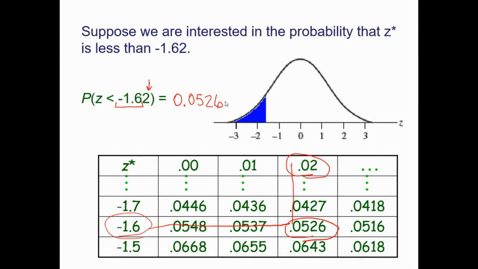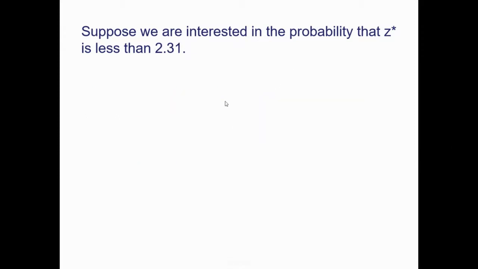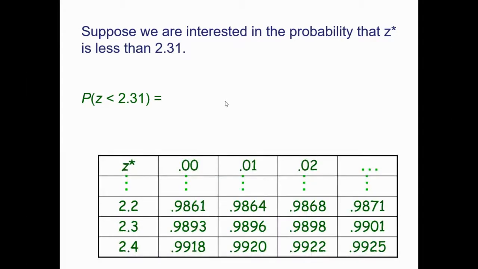Okay, let's look at the next one. So now let's say we're interested in the probability that z is less than 2.31. So here's our table. What number do I look for over here on the left? 2.3, the first two digits.